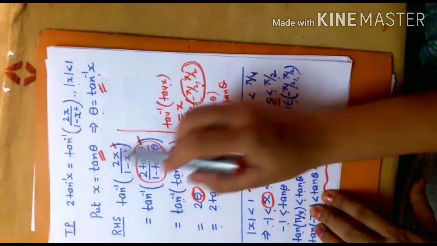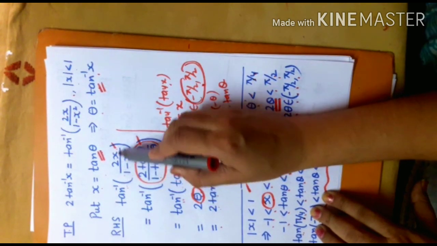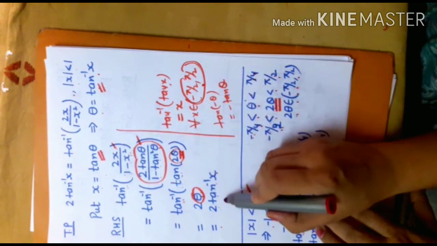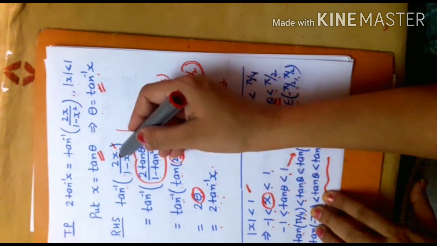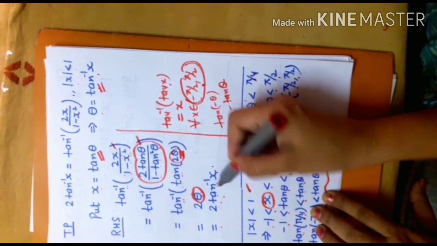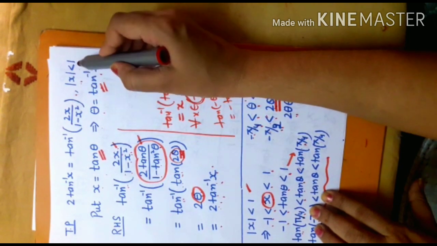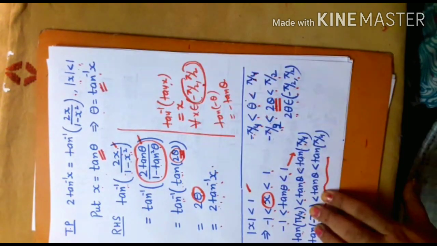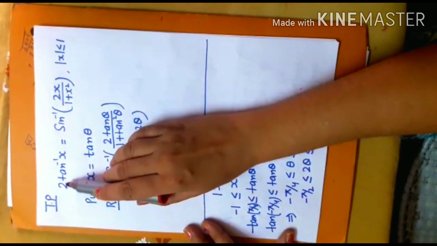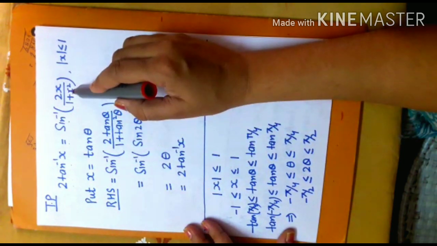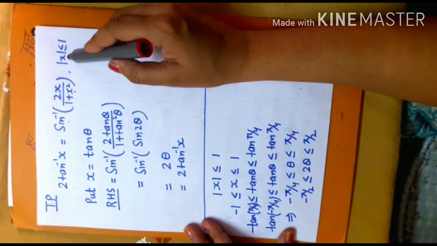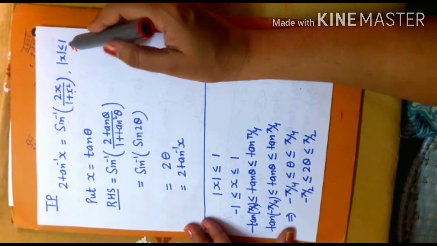So I have shown that tan inverse 2x over 1 minus x square is equal to 2 tan inverse x. The right hand side is equal to the left hand side when absolute value of x is less than 1. Next we will show that 2 tan inverse x is equal to sine inverse 2x over 1 plus x square when absolute value of x is less than or equal to 1.